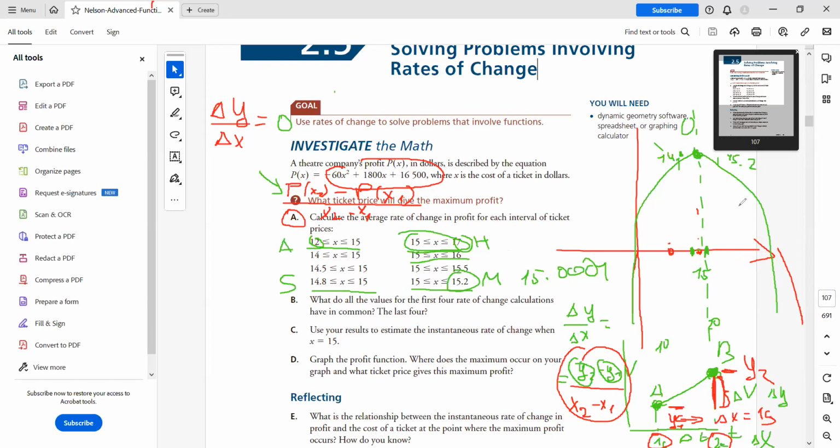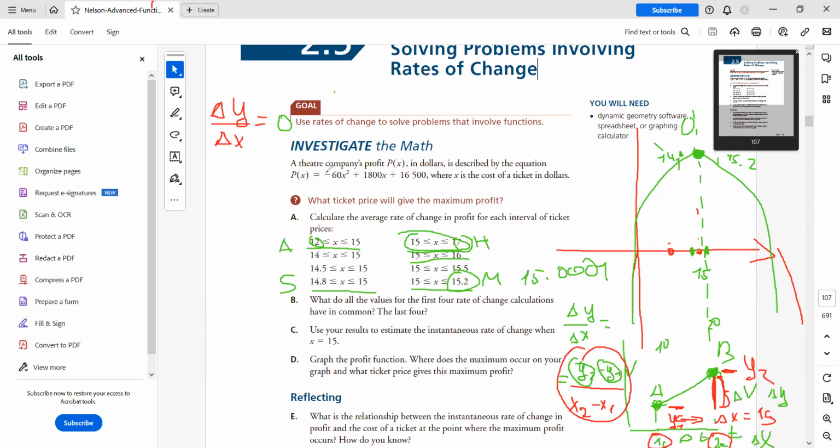How do we identify that x equals 15 is the maximum point of this graph? So we were asked to calculate the average rate of change in profit for each interval of ticket prices. And we calculated that the maximum profit will be when the price of the ticket is $15. So how could I know that this graph is going to look like this?